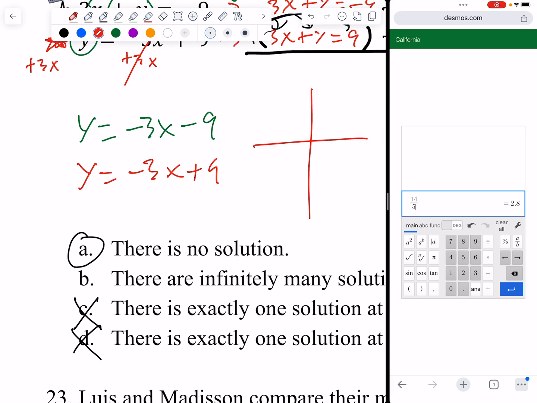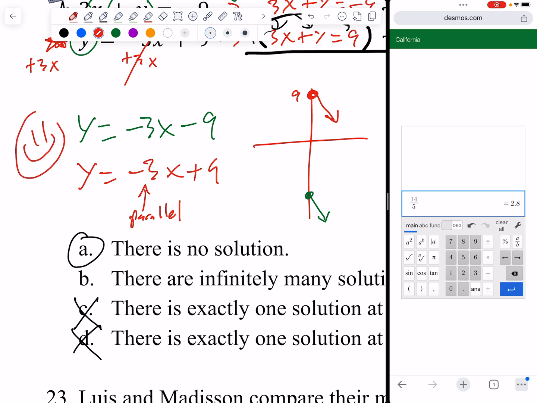If I were to graph them, one starts at -9 and it goes down. The other one starts at +9 and it goes down the same. What does that mean? These two are parallel. So if they're parallel, are they ever going to intersect? No. So there's no solution.